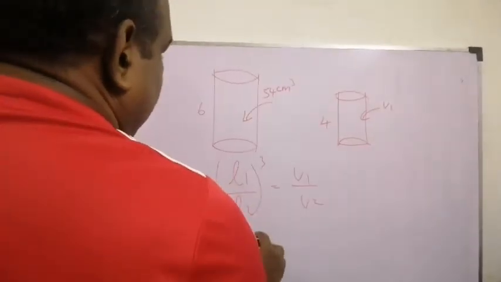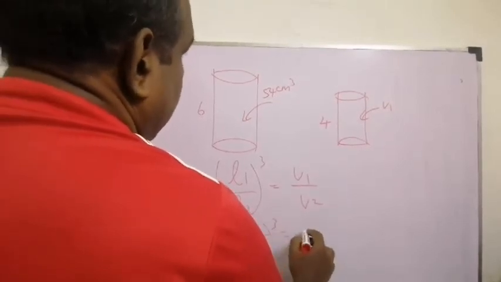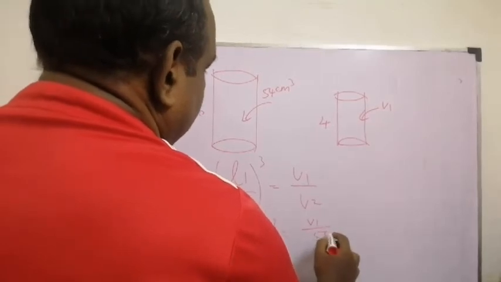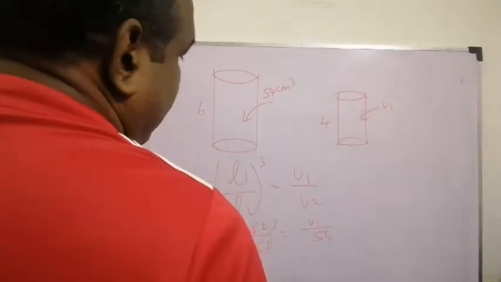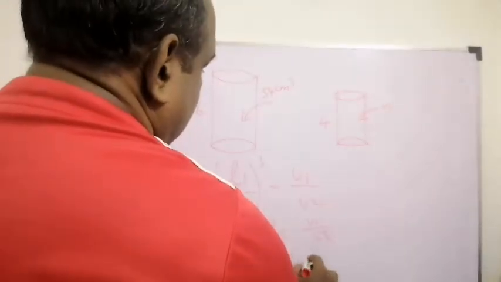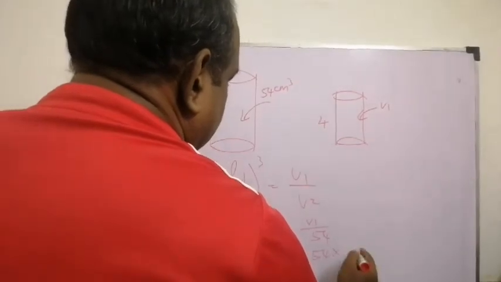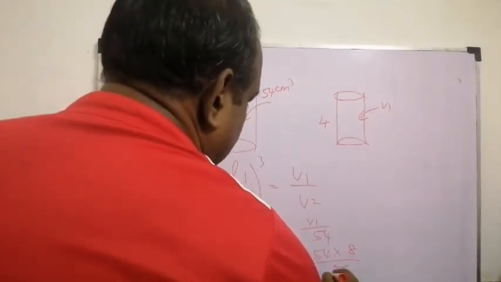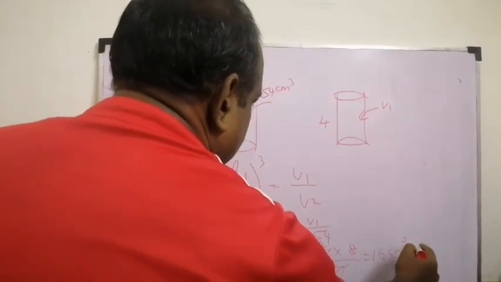So this is 4 over 6 cubed is equal to V1 over 54. When you simplify, this is 2, this is 3, right? Therefore V1 is 54 multiplied by 8 over 27. That is 16 centimeter cube.